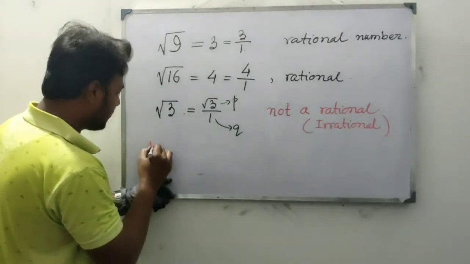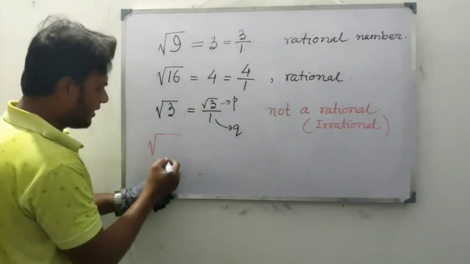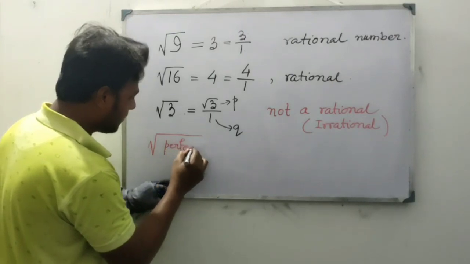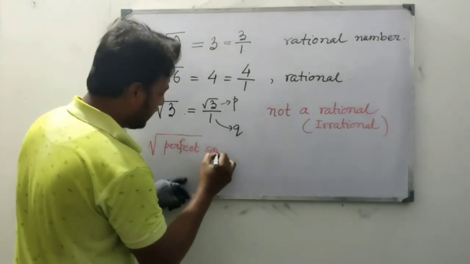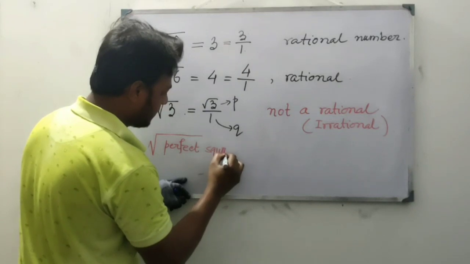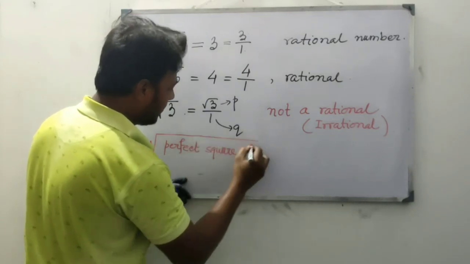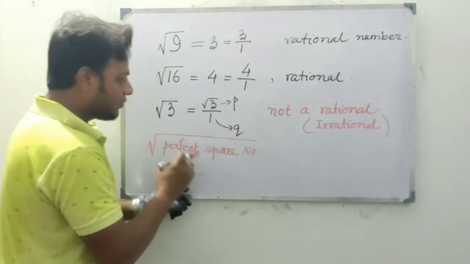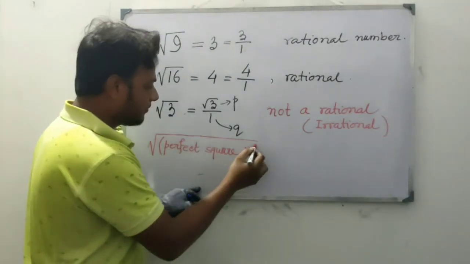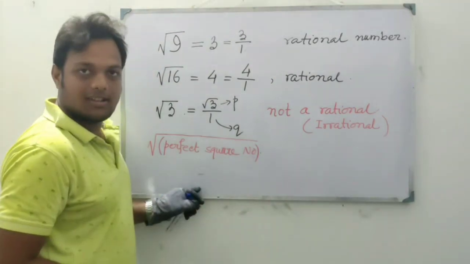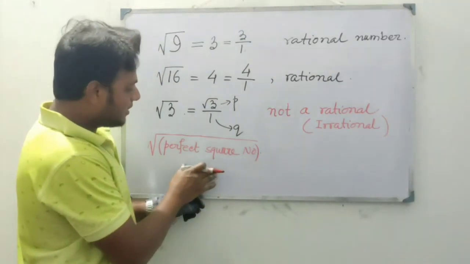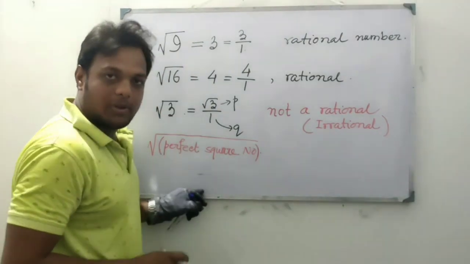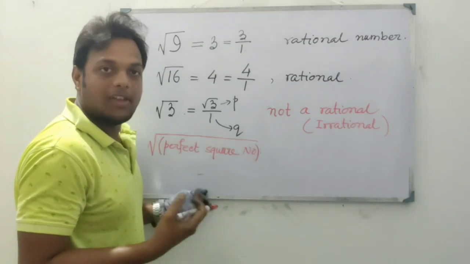Suppose inside the square root, a perfect square number is there, like 9 or 16. Will it be rational or irrational? Since inside the square root a perfect square number is there, you can compute the value of the square root.